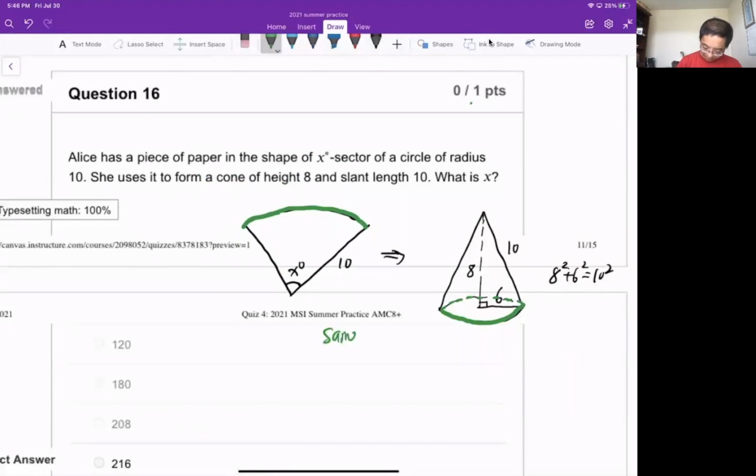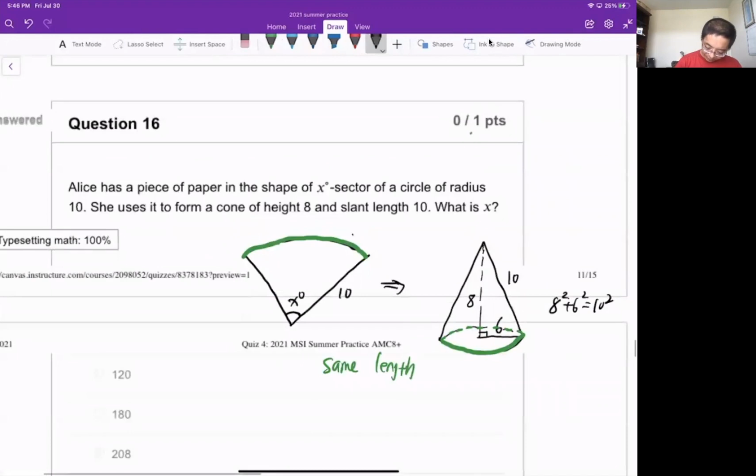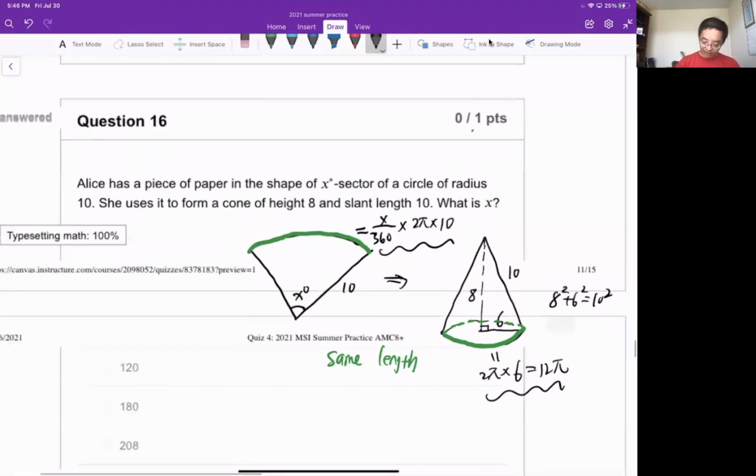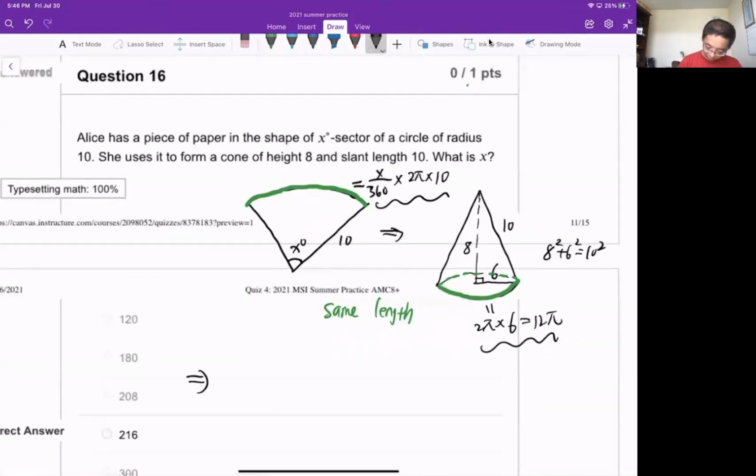The length of the arc is calculated by x over 360, that's just the fraction, the portion of the circle, times 2 pi times the radius 10. And the circumference of the base is just 2 pi multiplied by 6, which is 12 pi. Now, these two things should be the same.